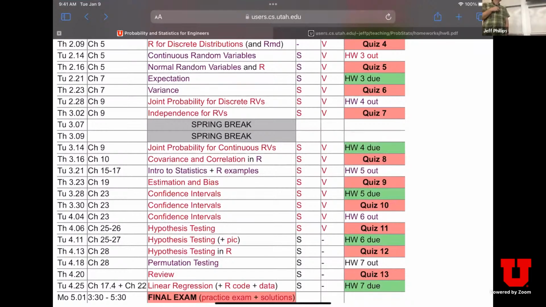The other thing to see here is that homework 6 is due today. Homework 6 was mostly on estimation and confidence intervals. We've heard that students found this homework a little more confusing. I think that's partially because this material is a little harder to wrap your head around, and partially because there's one question we intentionally tried to make a little tricky.